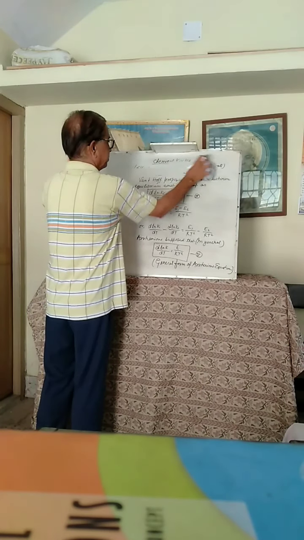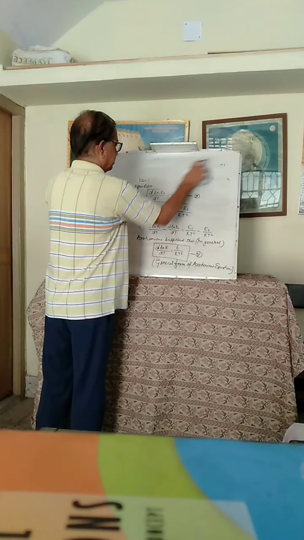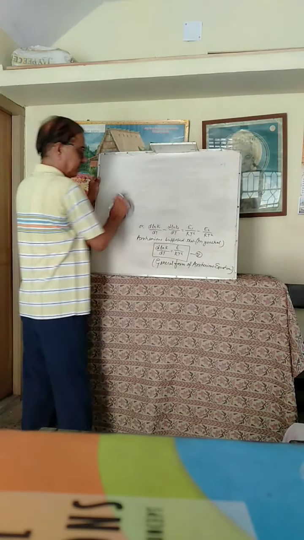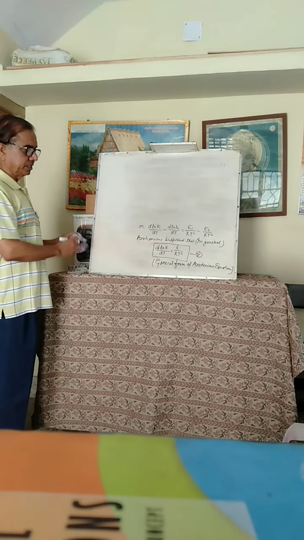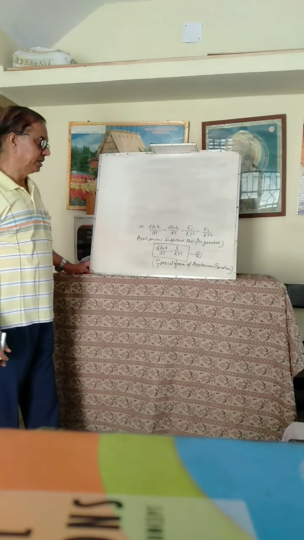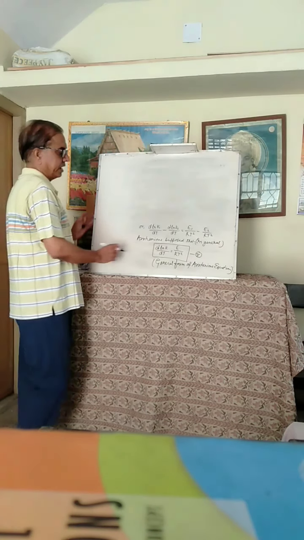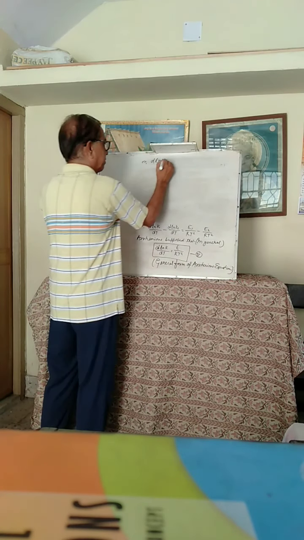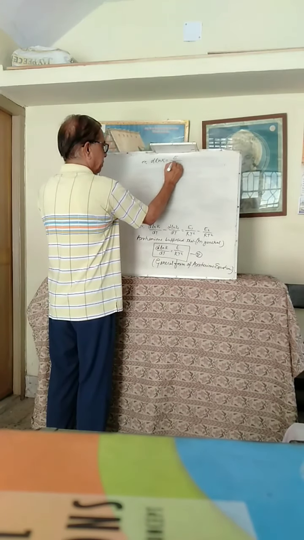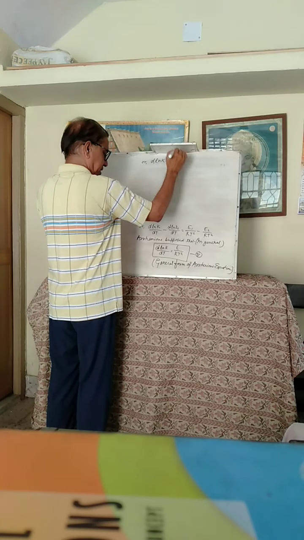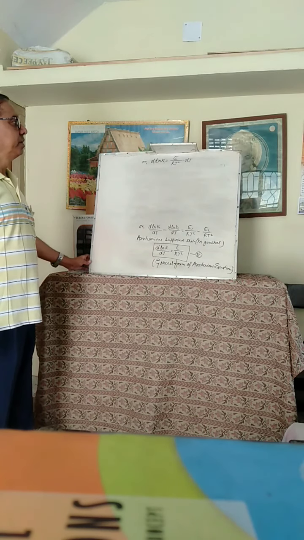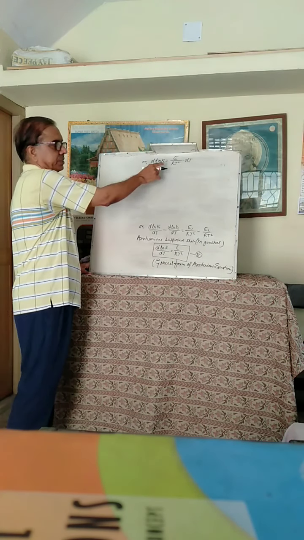Now we will further proceed on the basis of this equation, d ln k upon dt is equal to E upon RT square. We can write it as d ln k is equal to E upon RT square into dt. Now we can integrate this equation.